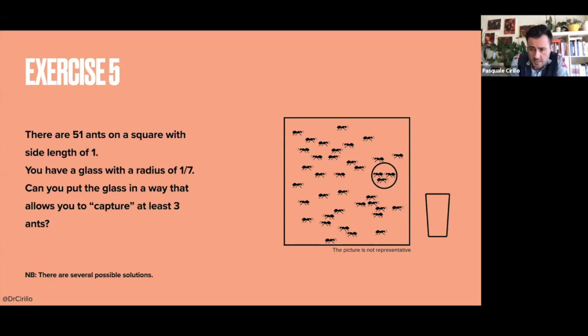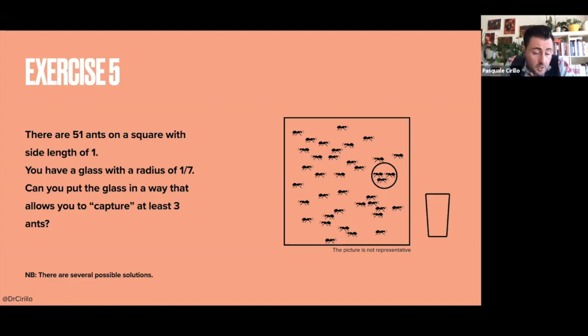The question is: is there a way to take your glass, put it on the square, and capture, or if you don't want to use capture, encompass or cover, 3 points? Now, there are different possible solutions.